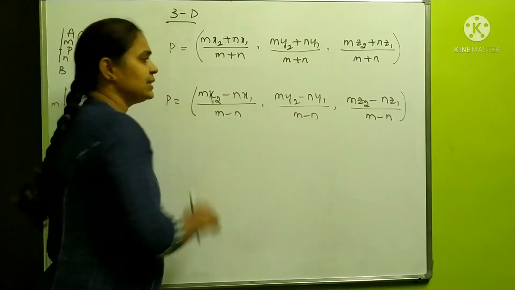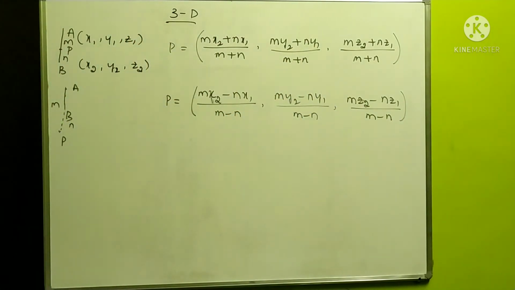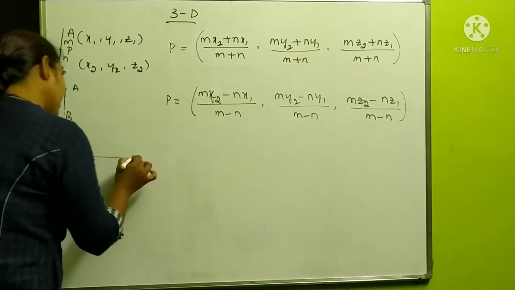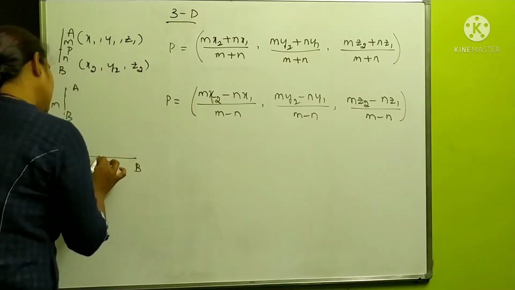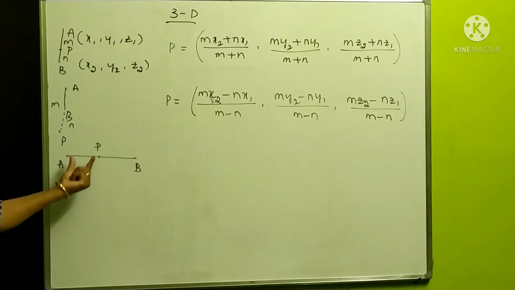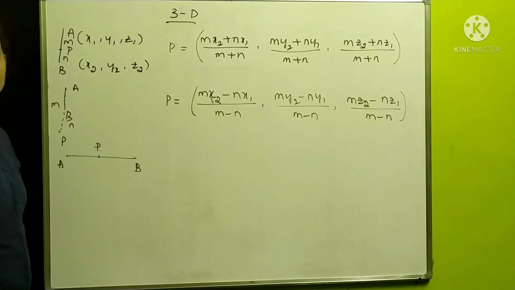This is the formula for external division. Also you have this: suppose A is a point, B is a point, and P is the midpoint. If P is the midpoint, then this ratio is equal to this ratio.